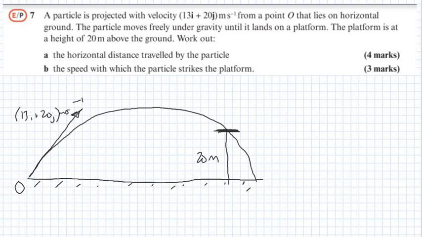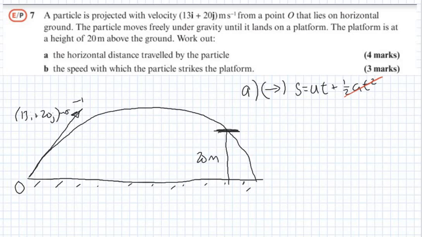Now we're going to work out the horizontal distance traveled by the particle. Remember, we're moving in 2 dimensions. The first thing we do is the horizontal because it's really easy. The distance it moves horizontally is the initial speed times the time, because acceleration is 0: s = ut + 1/2 at squared, and the second term is 0 because a is 0.